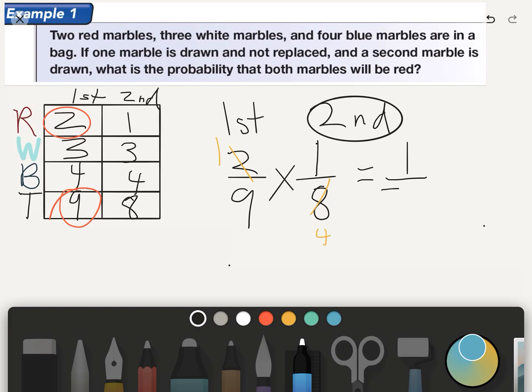And 9 times 4 is 36. So the answer is that there is a 1 in 36 chance of drawing two red marbles in a row from the bag. Pretty basic, right?